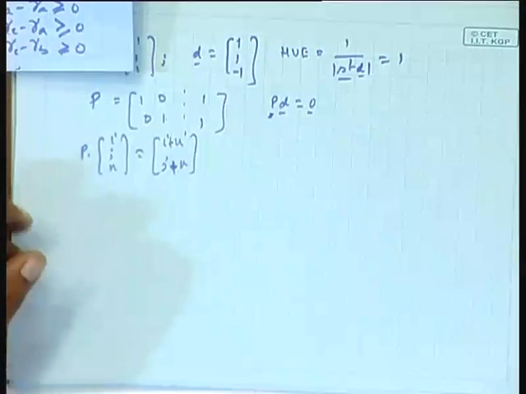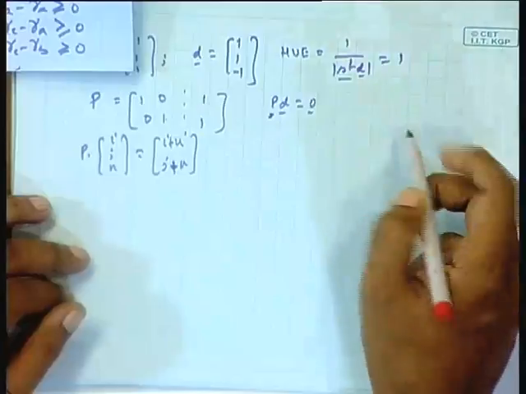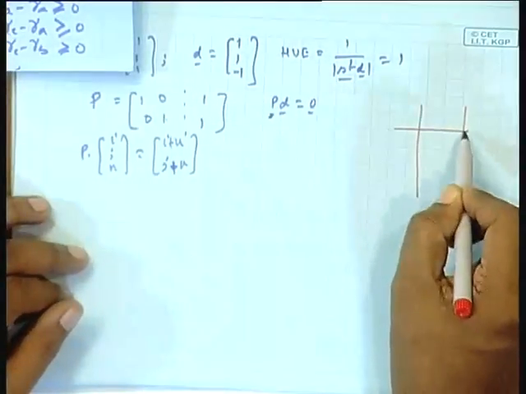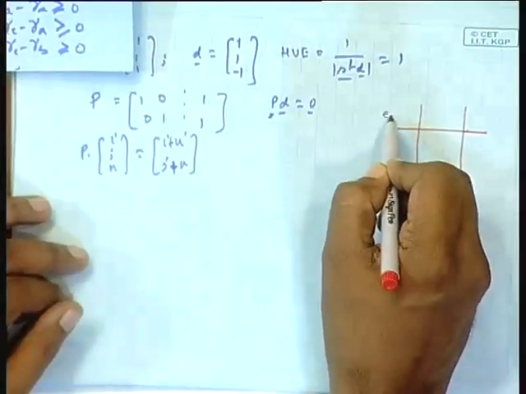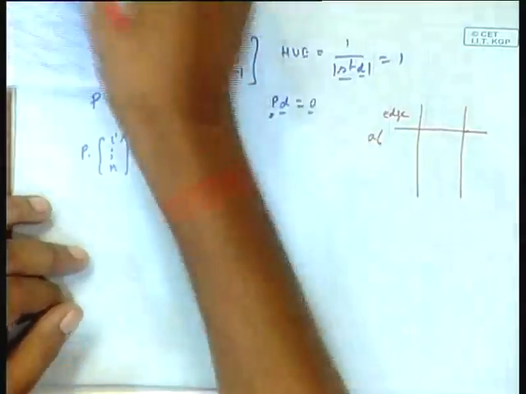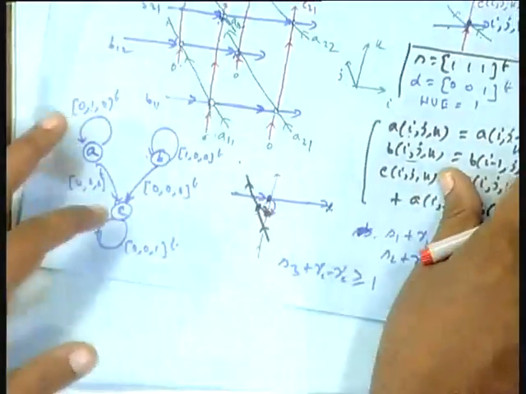So, we just consider the mappings and all those things now, edge mapping and all those things. There are three edges. One is A. A was originally what? 0, 1, 0.